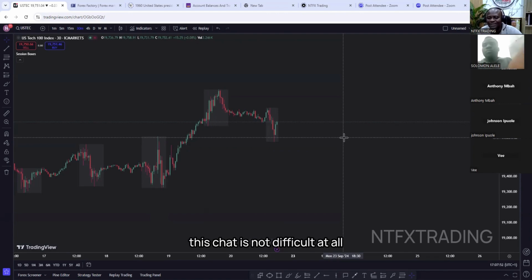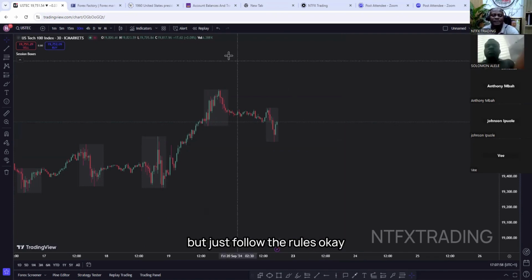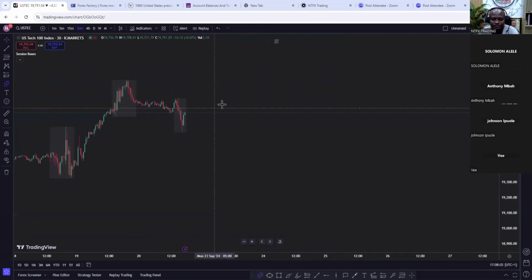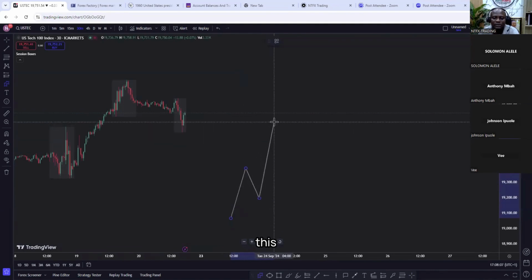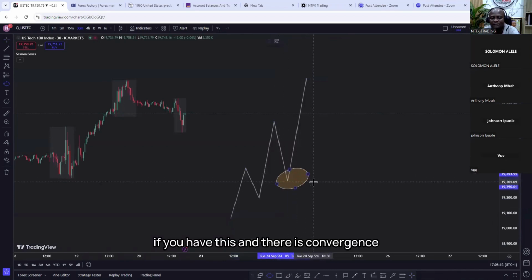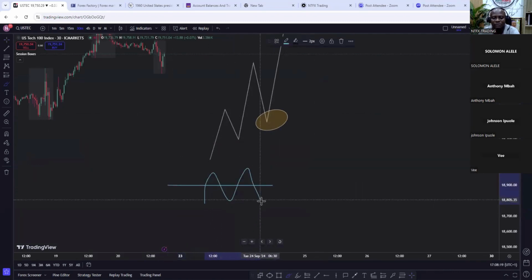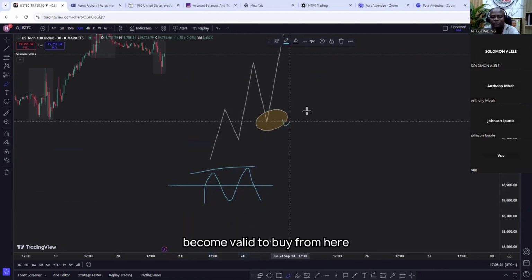Honestly, this chart is not difficult at all. Very simple, but just follow the rules. Okay, I'll show you two things. You will notice that if you have this and there is convergence, it becomes valid to buy from here.